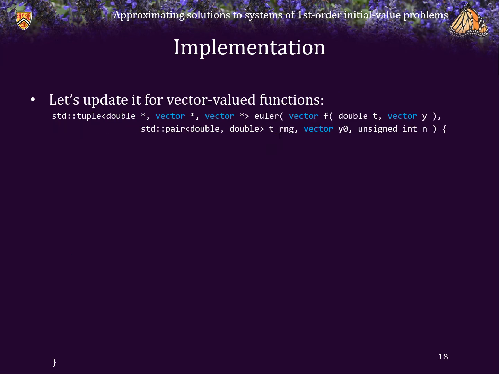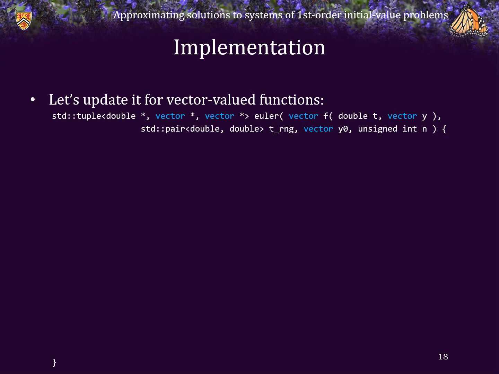Let's update this function so it can solve a system of first-order equations. So now we are returning an array of t-values, but an array of vector values and vector slopes.